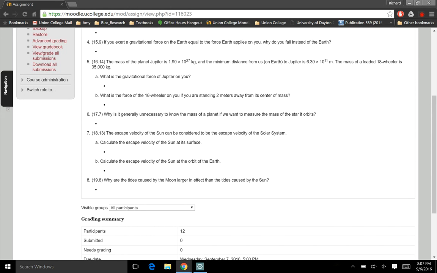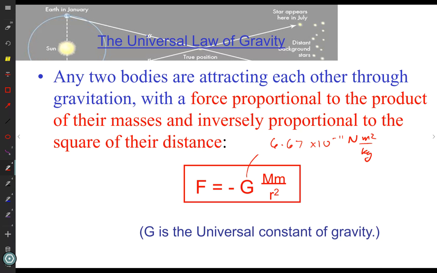Now, if we look at the equation, obviously, if the mass is smaller, what does that do to the force? Because the force is proportional to the masses multiplied together. If the mass is smaller, what does that do to the force? Smaller. Makes it smaller.